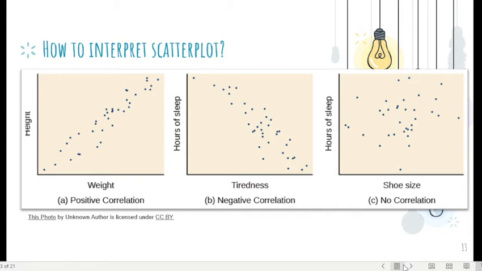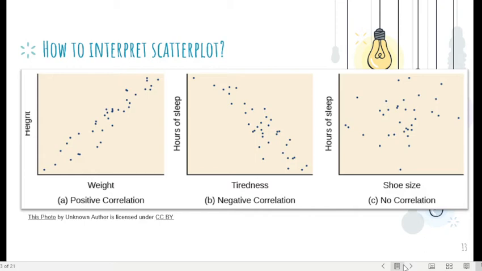Therefore, we cannot determine its direction, and we can say that it has a weak correlation or no correlation at all, simply because the points are scattered. As you remember a while ago, the strength of a correlation is determined by how clustered the points are. So if the points are scattered, it has a weak or no correlation at all.